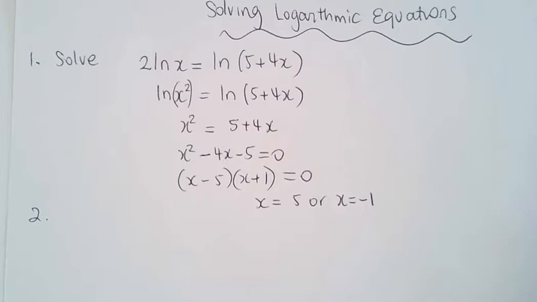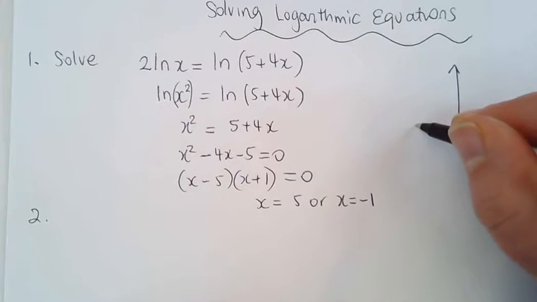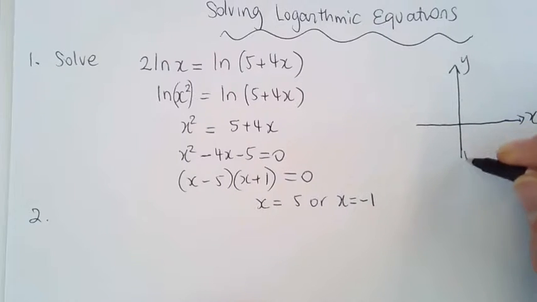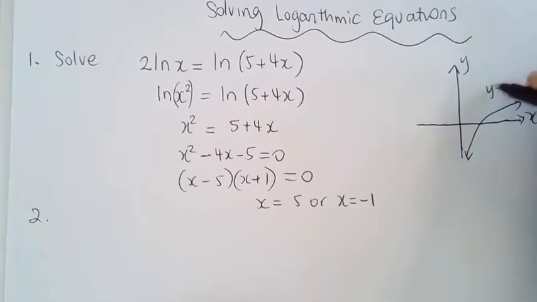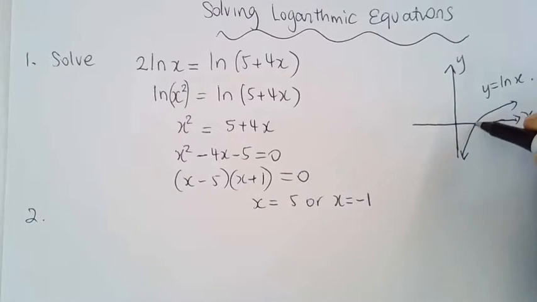So what you want to then do is just check. Actually, I really shouldn't be doing these yet. I need to continue these next lesson. You haven't done log curves. Well, you have. You did log to the base 2 of x. Remember? Well, this is log to the base e of x.